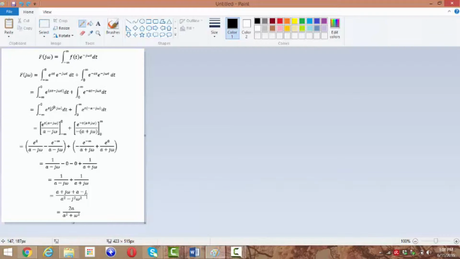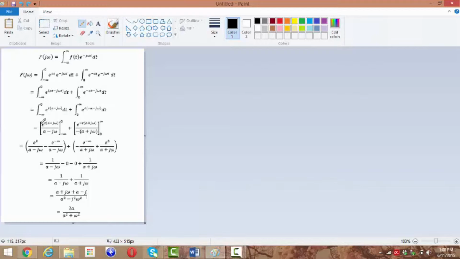We can take out the t, that is exponential t in brackets a minus j omega, dt, to make it easier for us to integrate the equation. Same goes to the next one, and we can integrate.